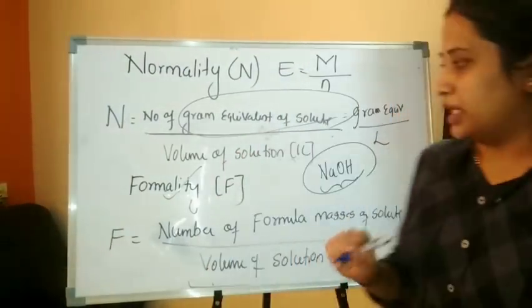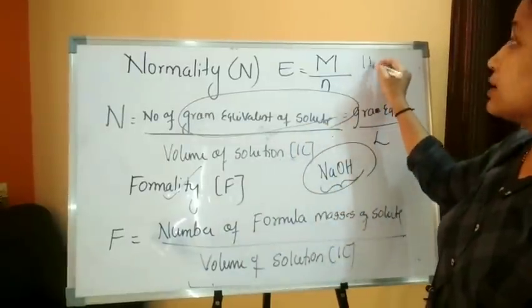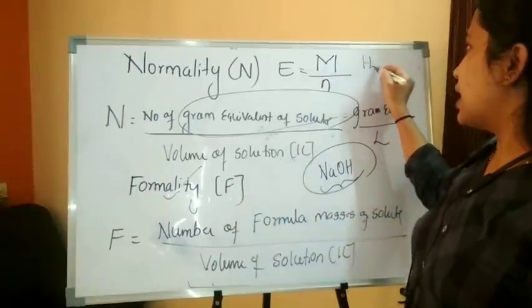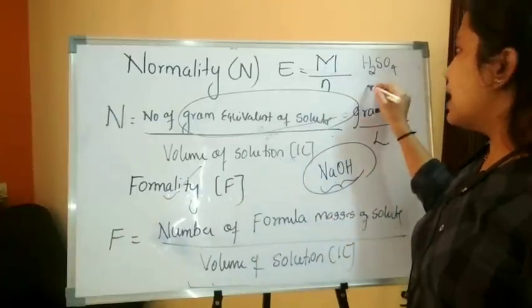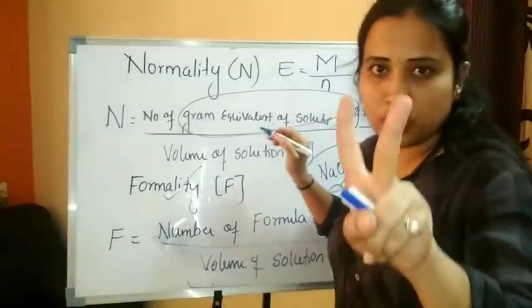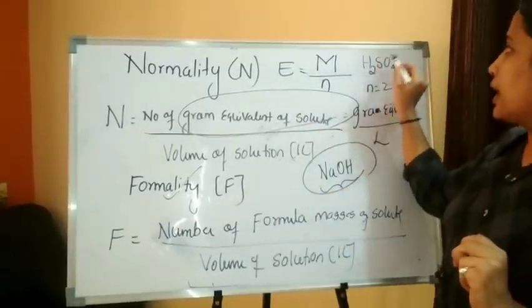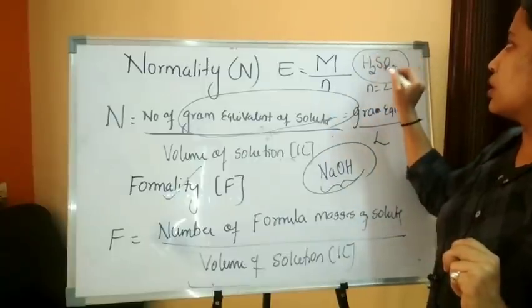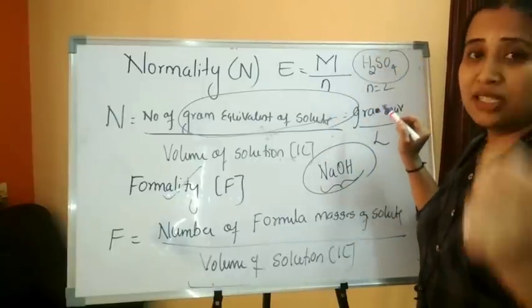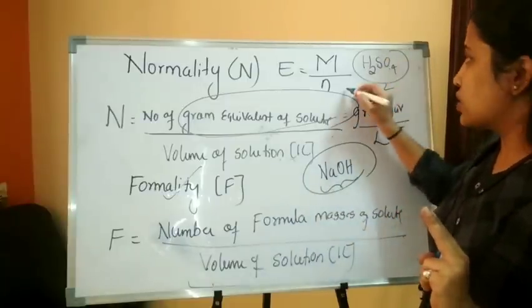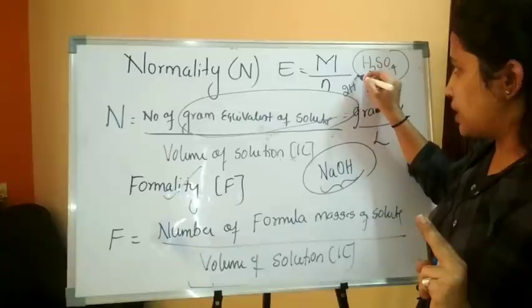The N factor is different for different types of compounds. If I take H2SO4, the N factor for H2SO4 is 2. How can we say 2? When I add this to water, its basicity is 2, which means when it undergoes ionization, I am going to get 2H plus ions.